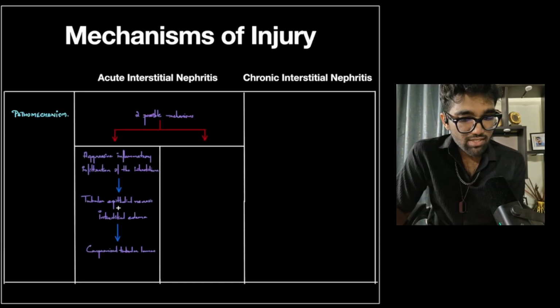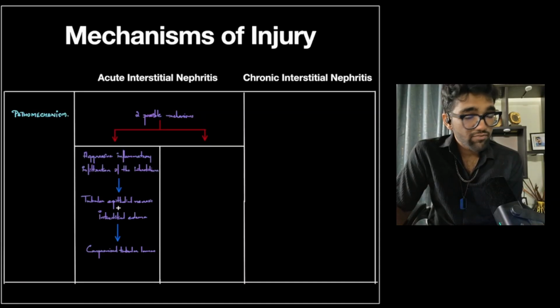So, as we've just discussed, in acute tubular interstitial nephritis, we have aggressive inflammatory infiltration of the interstitium that causes necrosis of the tubular epithelial cells and a little bit of interstitial edema, resulting in desquamation of those cells into the lumen of the tubule, finally resulting in a compromise of the tubular lumen.